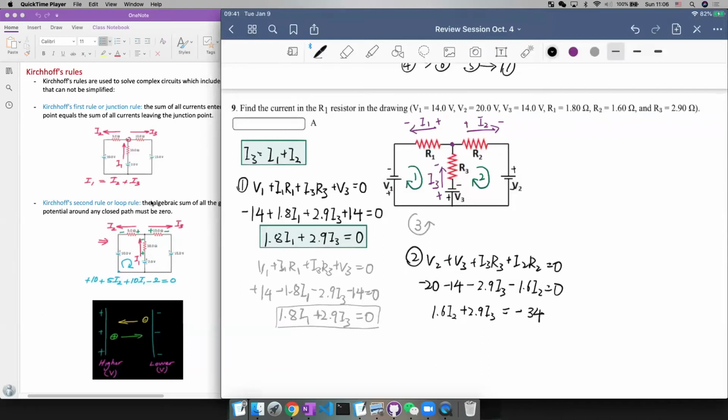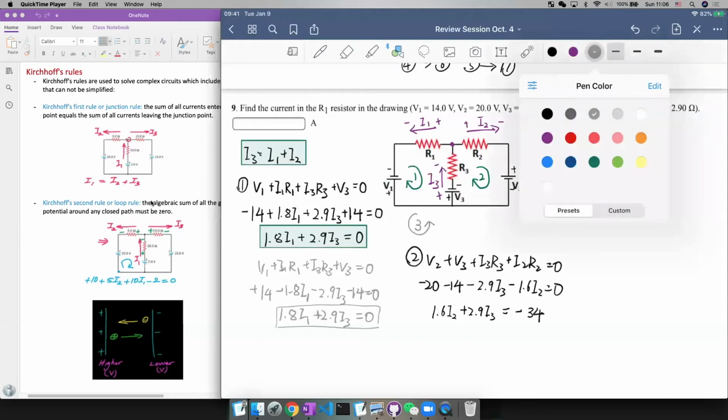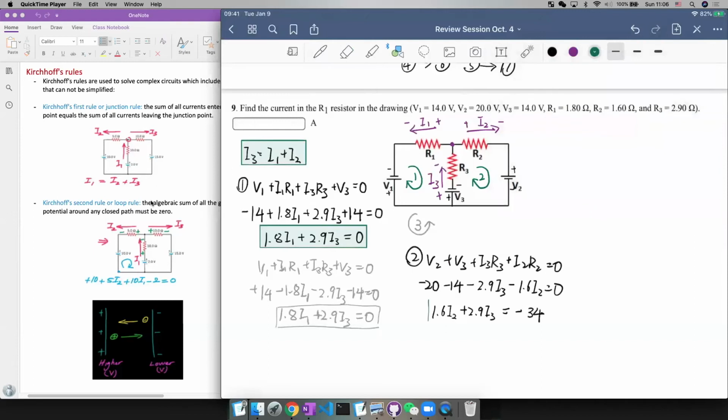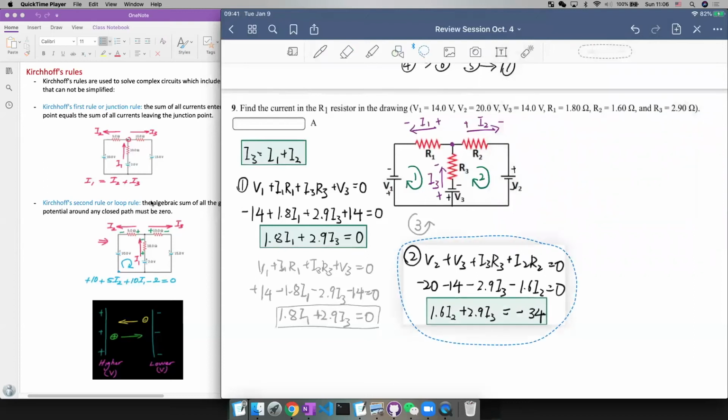Yeah, this is the third equation we have. Okay, we're going to use the three equations in the green box to do the final math steps.